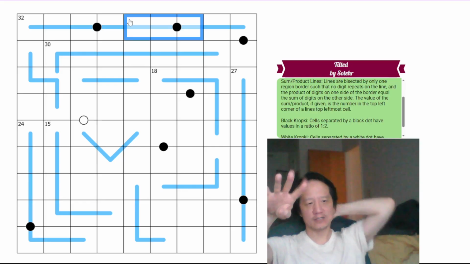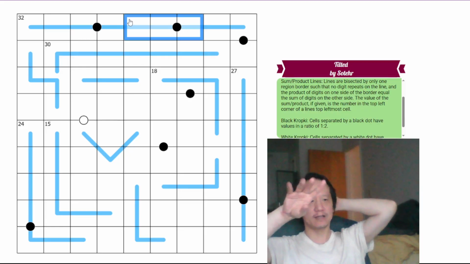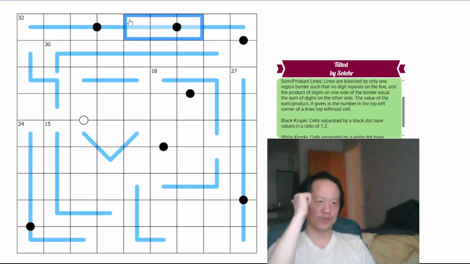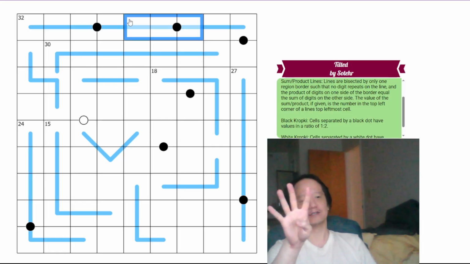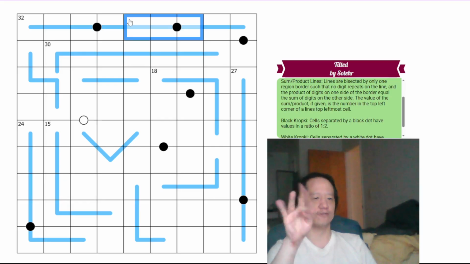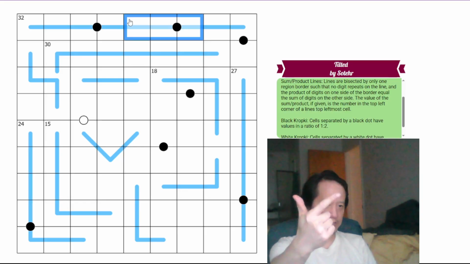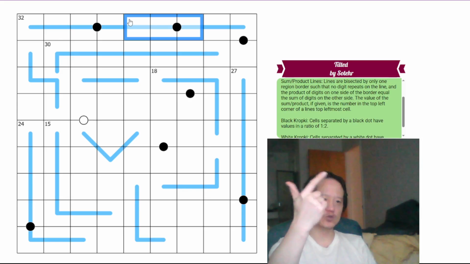But the problem with 4 is that to multiply to 32, you need specifically the digits 4 and 8 at least. 2 and 4 by themselves would leave another 4 possible, but you can't get 4 in any other way in the same row. So it has to be 4 and 8, and that adds up to 12.